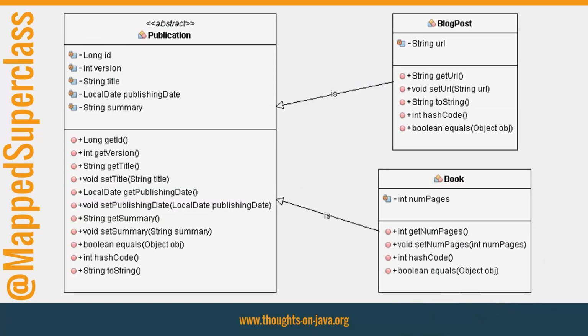If you apply this mapping to the following classes, the publication class isn't an entity and doesn't get mapped to a database table. But the book and the blog post entities are entities which get mapped to database tables with the same name. I explained this and other mapping strategies for inheritance hierarchies in great detail in my complete guide to inheritance mappings.